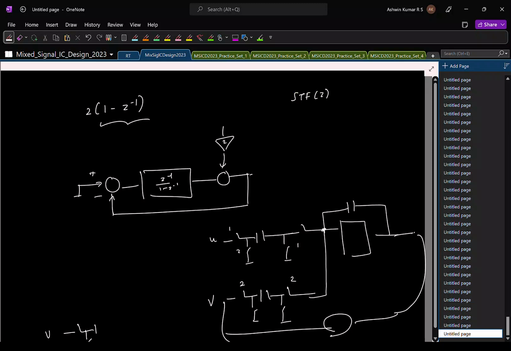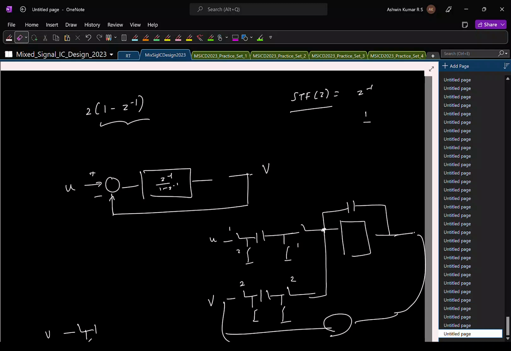That's why I think you got it as z inverse or 1 somewhere. In one of the practice problem sets, this was what was asked. That was basically the same first order delta sigma modulator with the transfer function asked from the input to the output. Okay, so cool. We'll stop here.